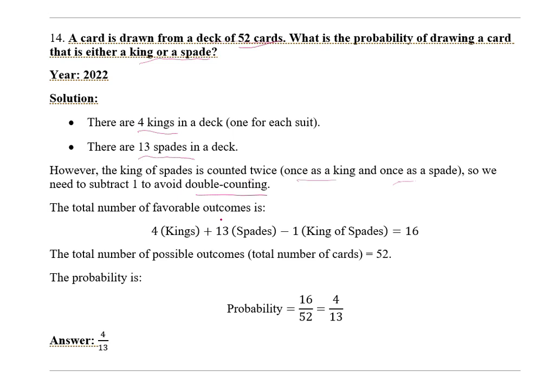The total number of favorable outcomes is 4 kings plus 13 spades minus 1, which is 16. The total number of possible outcomes is 52. So 16/52.